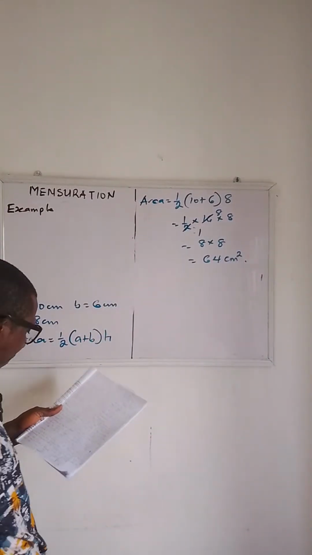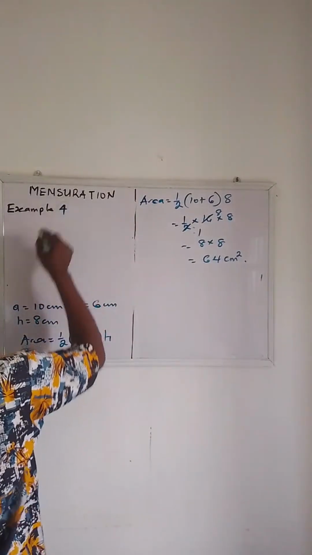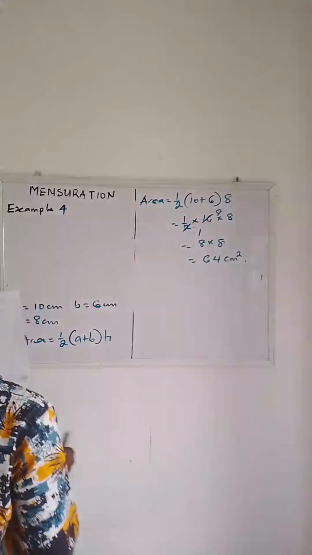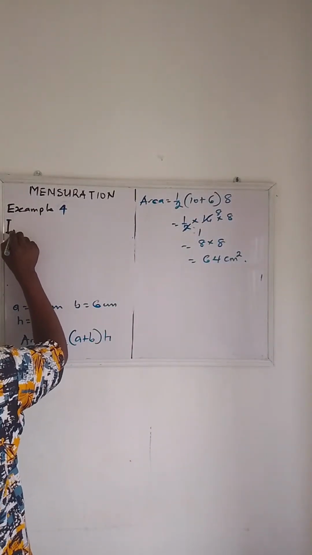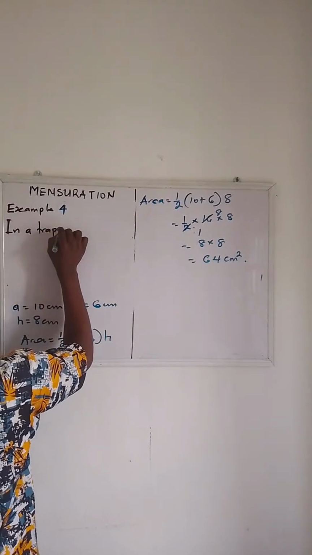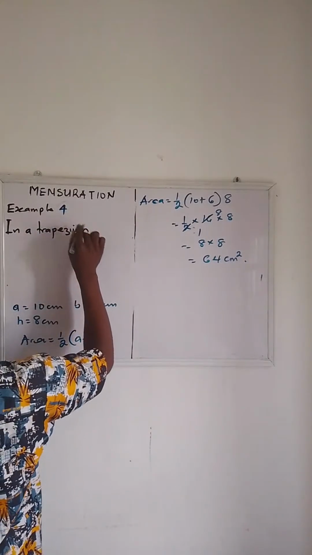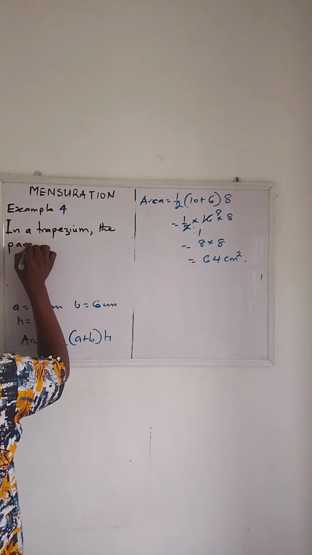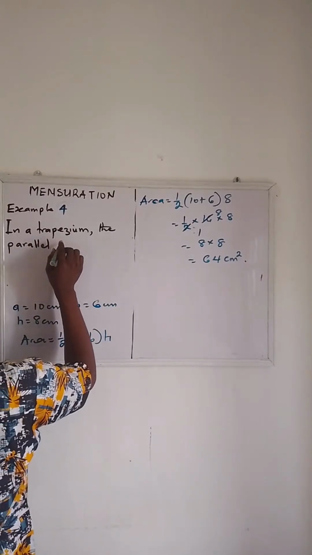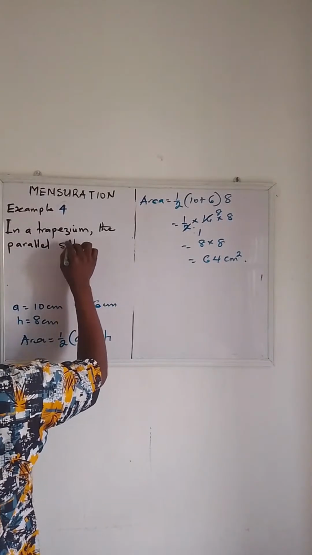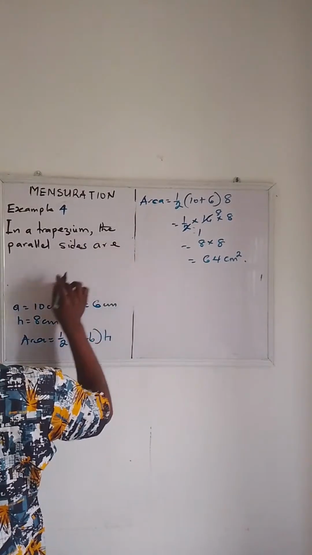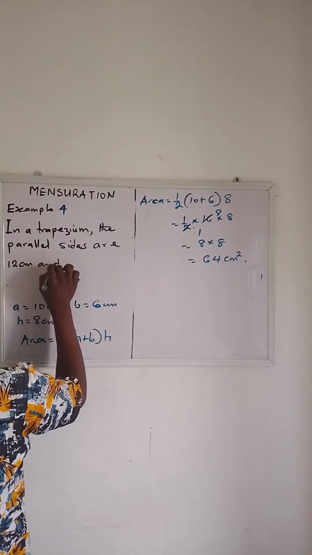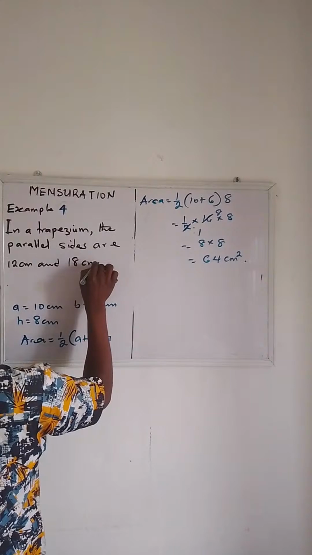Example 4. In a trapezium, the parallel sides are 12 centimeter and 18 centimeter.